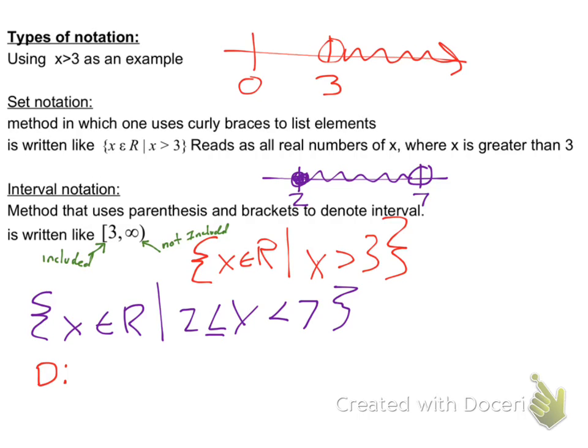X is greater than 3. So you have to go in the same order, guys, as we have here. So one of our endpoints is 3. 3, comma. Is 3 included in that group? No. So guess what? It gets a parentheses. Where is it going to? Infinity. That's your other side.